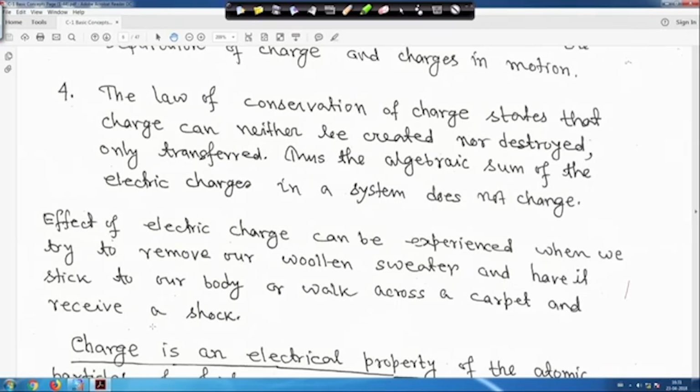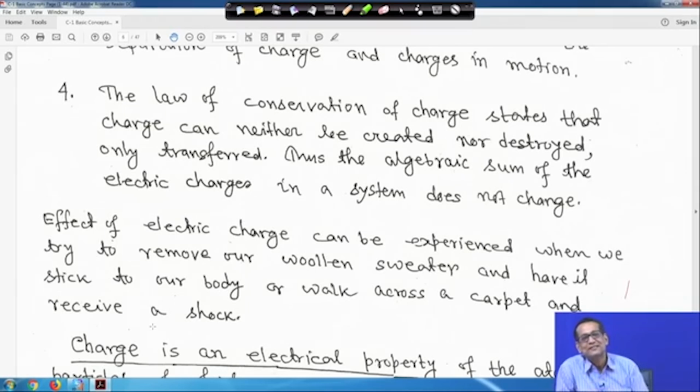Another example: take very small pieces of paper and keep them, then rub a plastic on your head and hold it over the pieces of paper. You will find that all the pieces are attracted towards the plastic. You can experience this on your own.